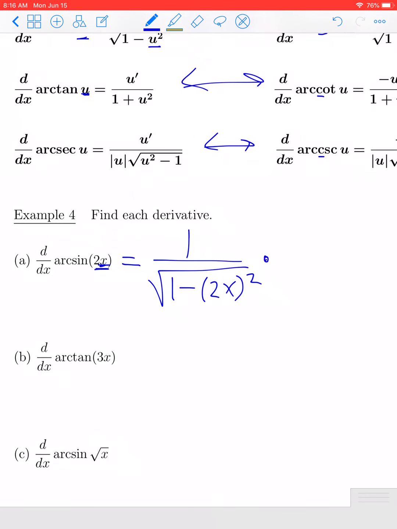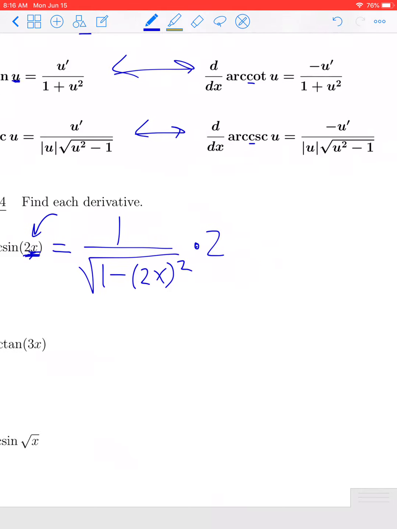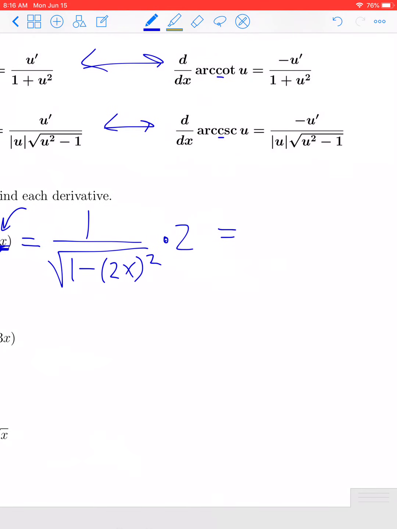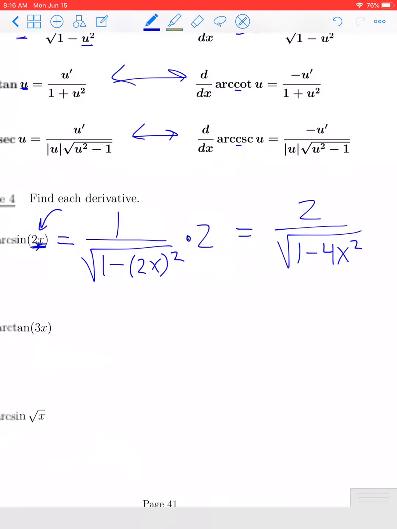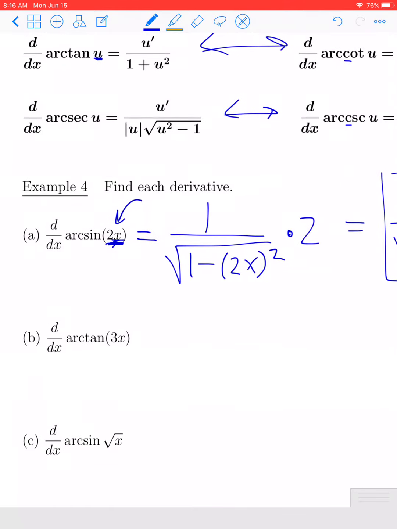And then from the chain rule, it's not just a simple x on the inside, so we need to multiply by the derivative of the inside function, which is 2. We can simplify this a little bit. We have 2 in the numerator, and the square root of 1 minus 4x squared. So the derivative of the arc sine of 2x is 2 divided by the square root of 1 minus 4x squared.